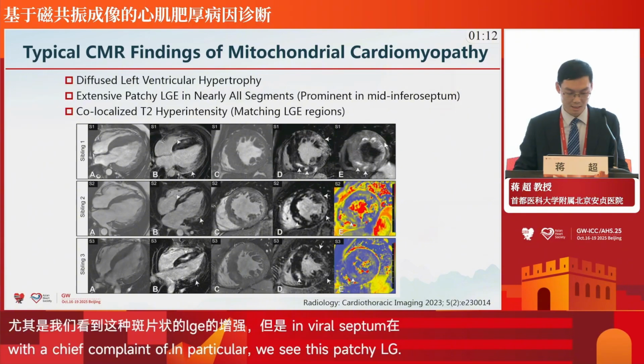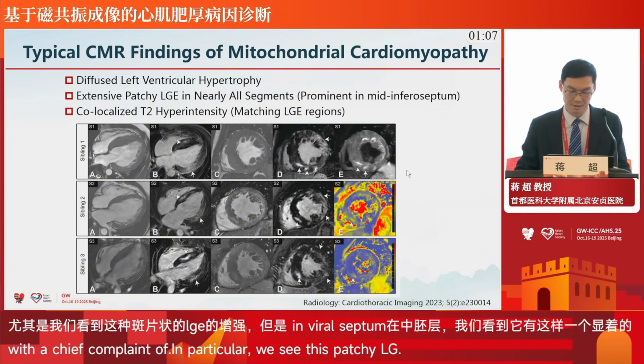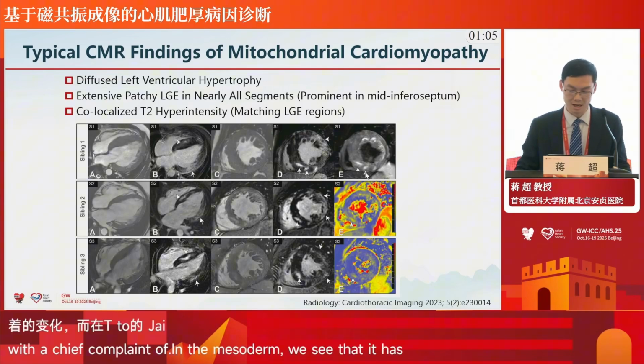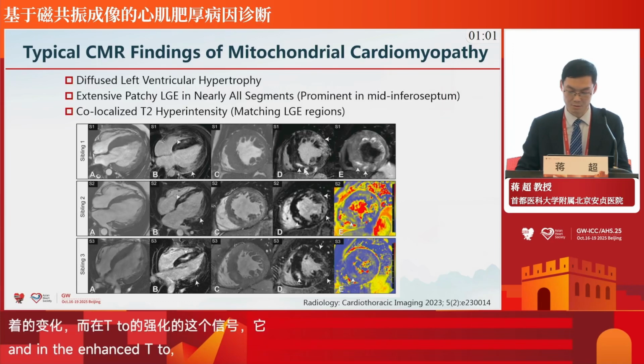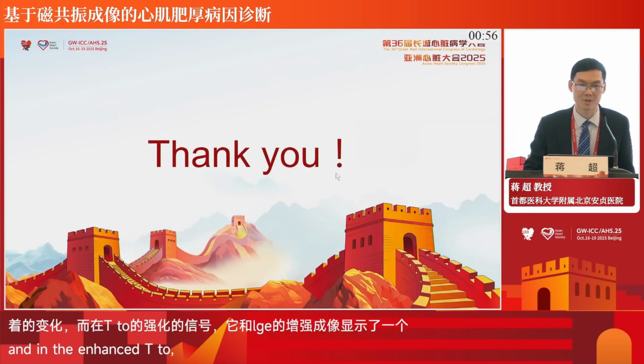And we also see in the T2 imaging that the T2 hyperintensity matched the LGE enhancement in the region. So that's my presentation. Thank you.